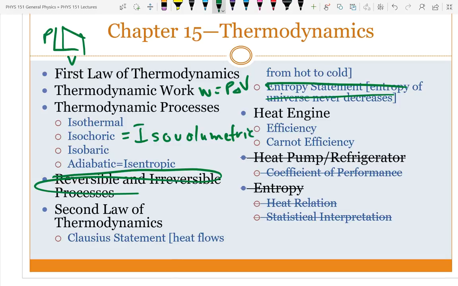That's the purpose of a heat engine. A heat engine always is going to have waste heat. It's going to exhaust heat at a lower temperature. And so you never have a perfectly efficient heat engine. The efficiency is the work that's done by the engine divided by the heat you put in at high temperature.